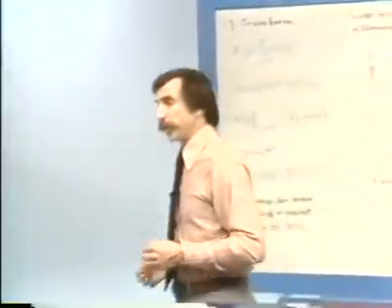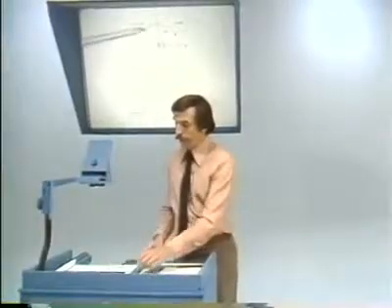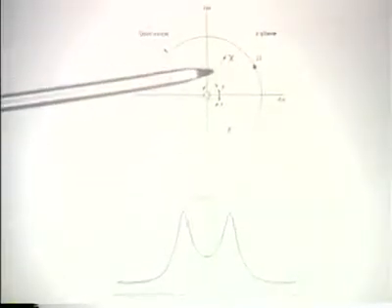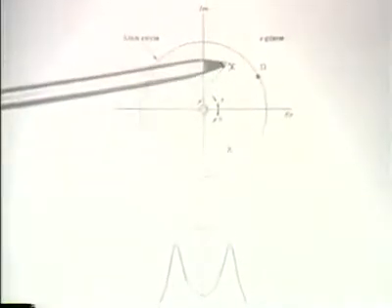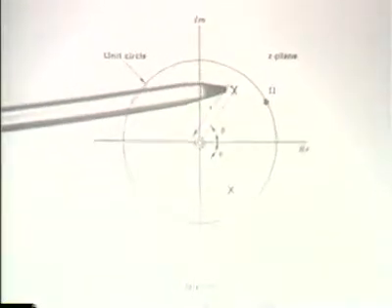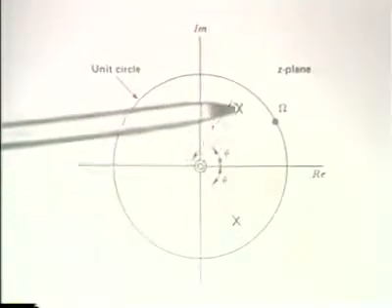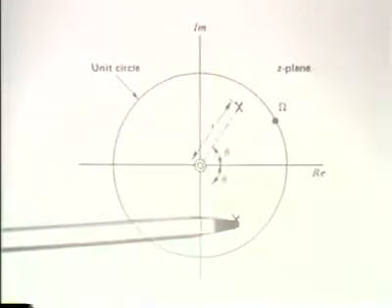So in fact, let's just look at that. What I show here is the pole-zero pattern, assuming that r is less than 1 and that cosine theta is less than 1, and we have a complex pole pair shown here.